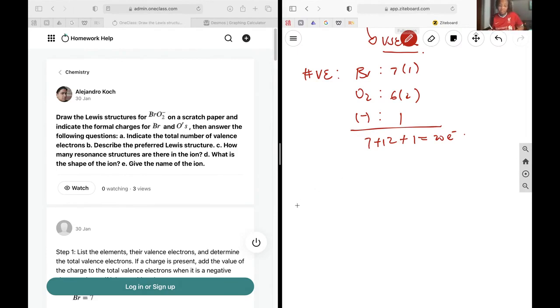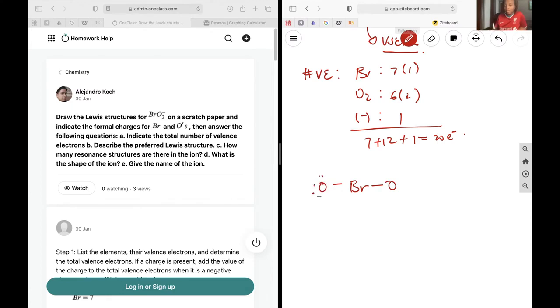I can already see I have 1 bromine, 2 oxygens. It doesn't make sense for oxygen to be my central atom. It makes more sense for bromine to be my central atom, as there's more symmetry in that, and chemistry loves symmetry. So let's go ahead and put bromine right in the middle, and I'll put 1 bond to each oxygen.